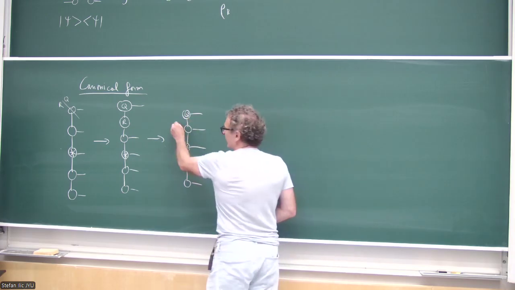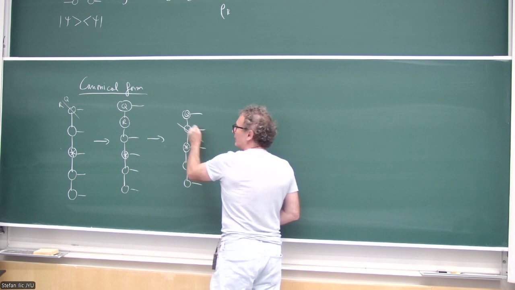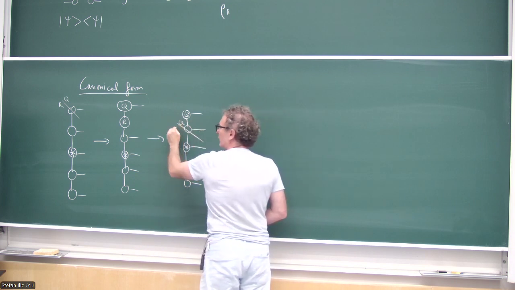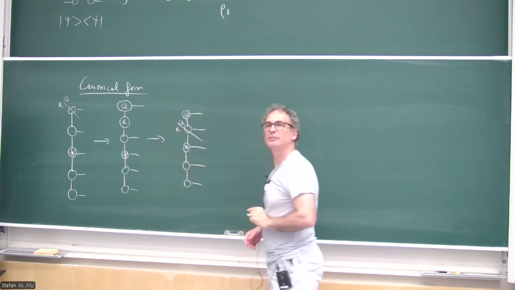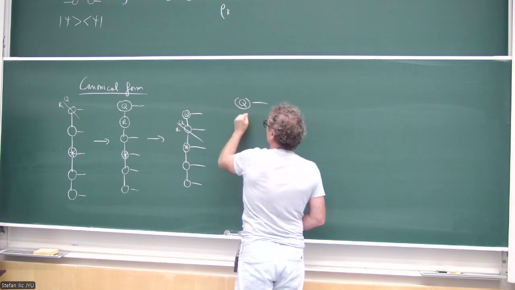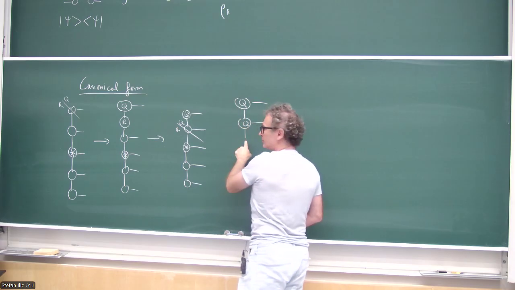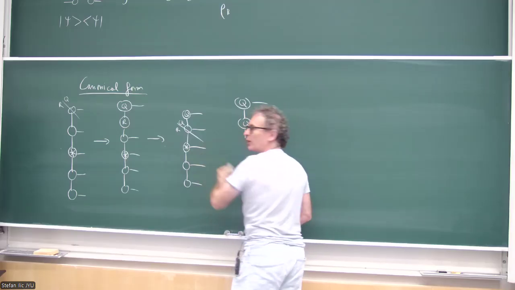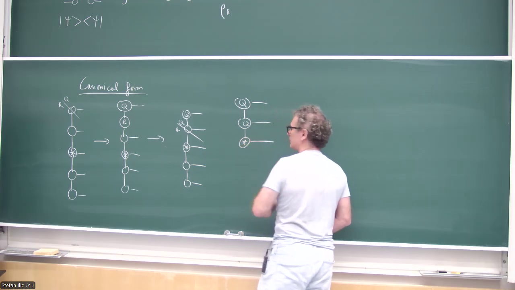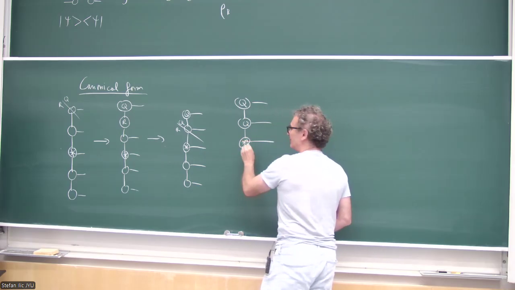I cut like this, so I take the physical line and the virtual line on one side, and I put the Q here and the R here. And I get Q, another Q, and the R, which I absorb into the next tensor.